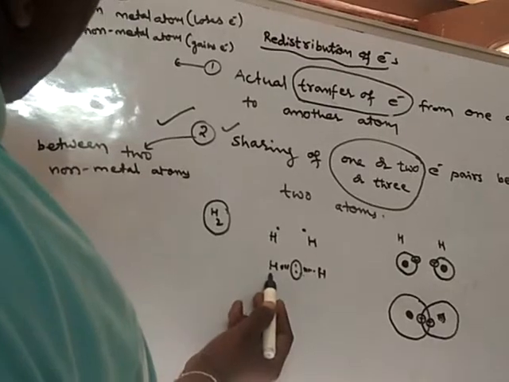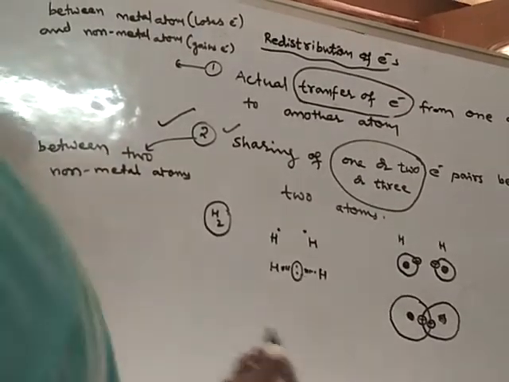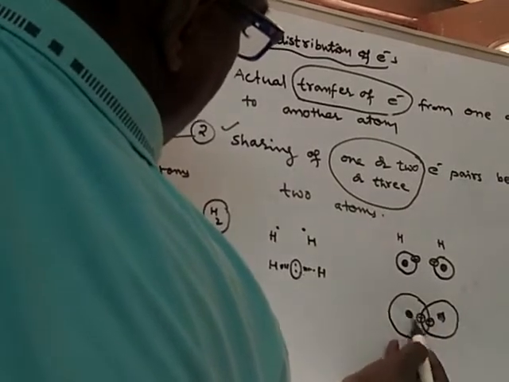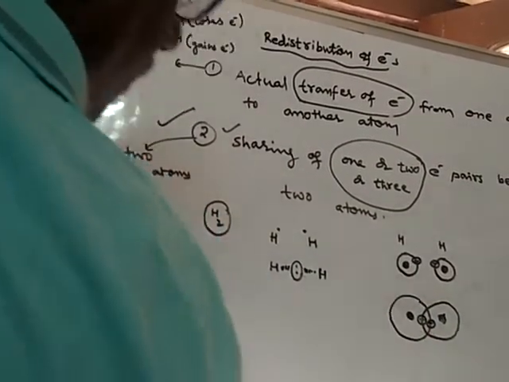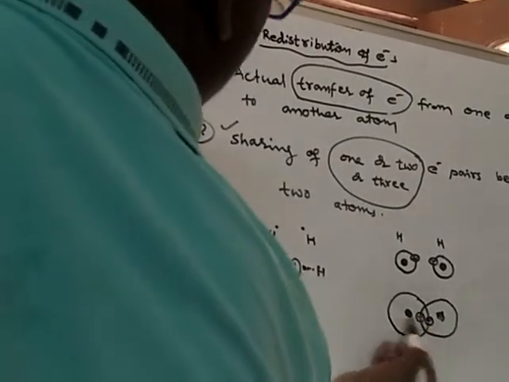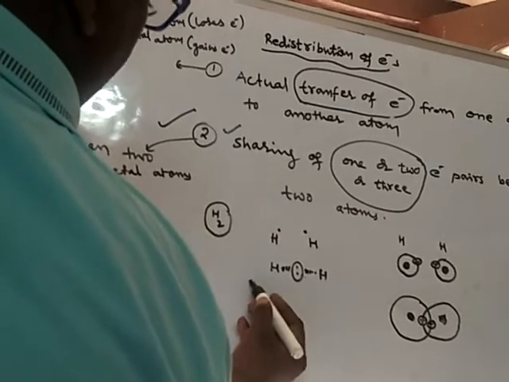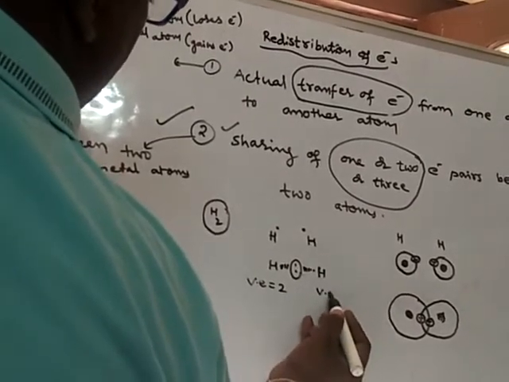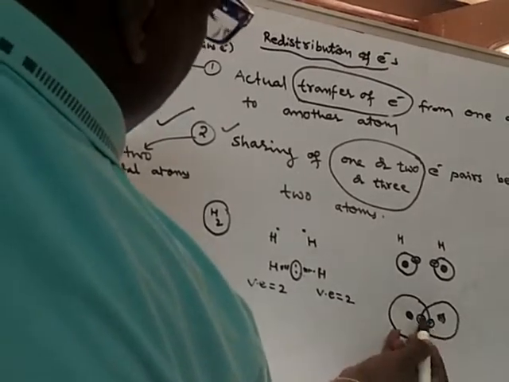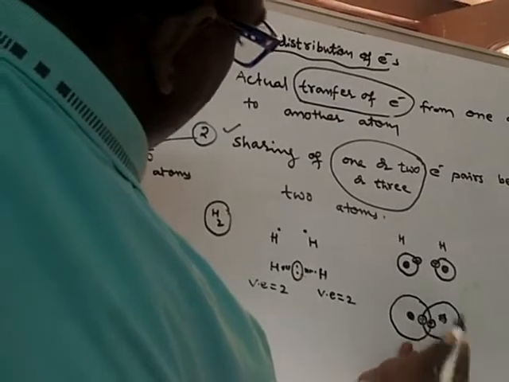Now it has two electrons in its valence shell, because the other electron has also come in. For this atom also, the valence electrons have become 2.